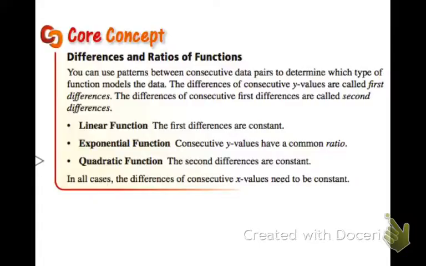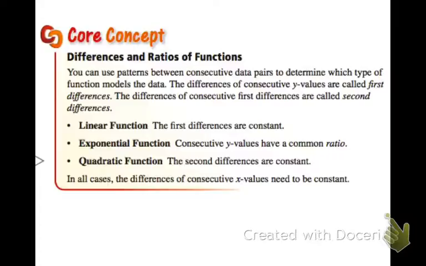So I know this sounds very confusing, but once you see the explanation of the example, you'll understand. So in a linear function, we have looked at the patterns before to determine if we had a common difference or a common ratio. And so that we know that in linear functions we have a common difference. And the first differences are constant, meaning that as you look at the change in y, you see a common difference between the y values.